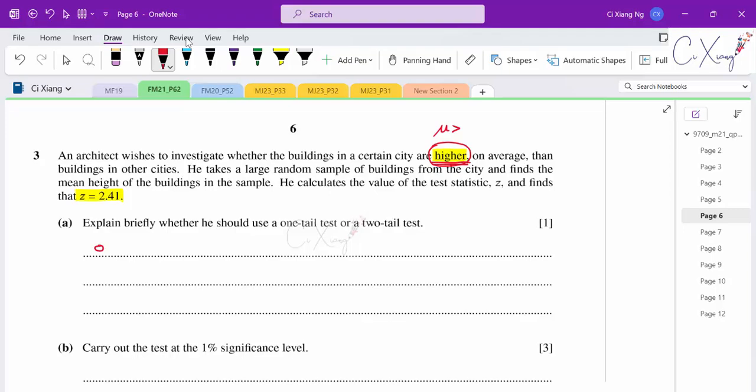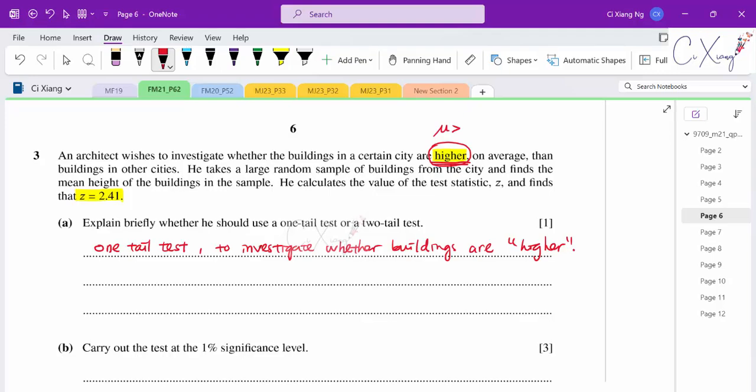So you can write it like this: it is a 1-tail test. You need to explain briefly why it is a 1-tail test, because we want to investigate whether the buildings are higher. The higher is actually one of the keywords telling us about the one-tail test, right?